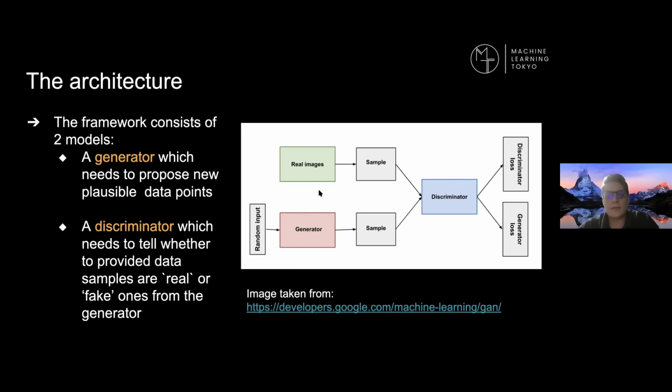We also have a discriminator, which needs to tell us if the data provided to it comes from the generator or if it's real images. We will later see how it plays together, but these two components are all you basically need to have a GAN framework.